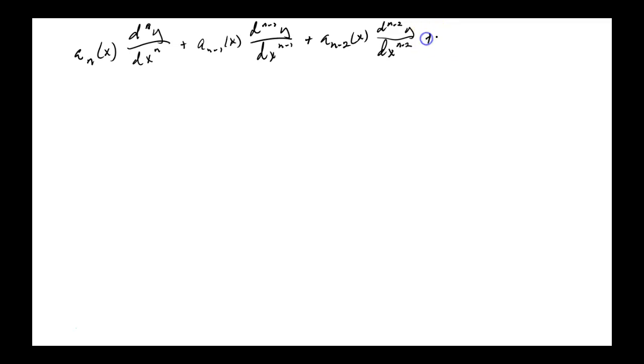But anyway, keep counting down like that until you get down to your a sub 3 of x, and by that time you're down to the third derivative of y with respect to x, 3 times, plus a sub 2 as a function of x times the second derivative of y with respect to x twice, plus a sub 1 as a function of x, dy dx, plus a sub 0 of x.